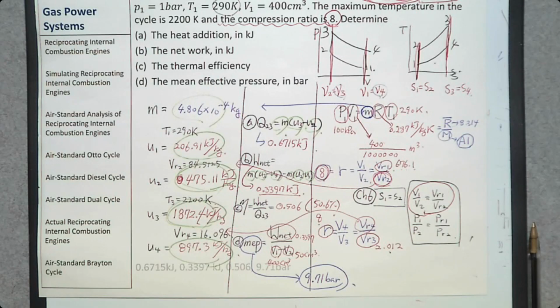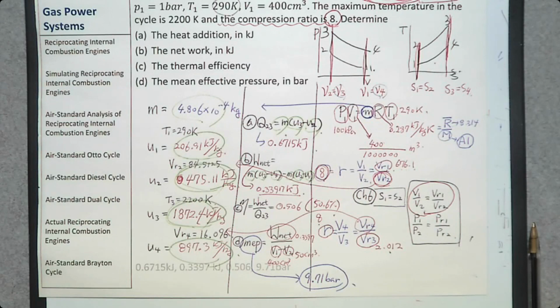So determining the answer to each question is very simple. It all depends on whether you can find the exact U1, U2, U3, U4. If you miss one, you completely mess up the rest of them. So maybe I won't give too much credit for this one, but a lot on these.